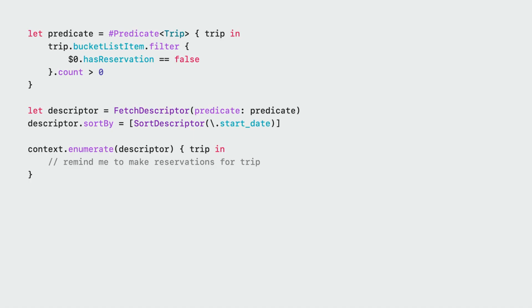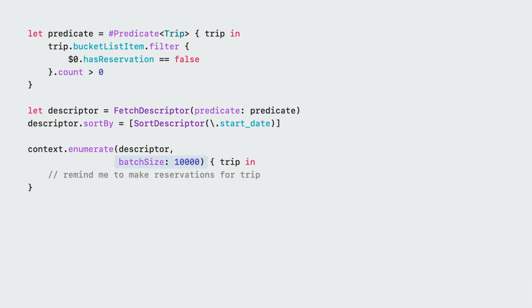For example, the batch size that Enumerate uses defaults to 5,000 objects, but I could change it to 10,000 to reduce I/O operations during the traversal at the expense of memory growth. Heavier object graphs, like those that include images, movies, or other large data blobs, may choose to use a smaller batch size. Decreasing the batch size reduces memory growth, but increases I/O during the enumeration.